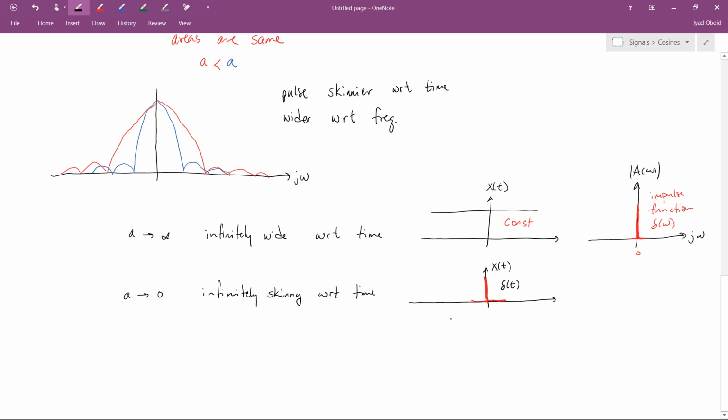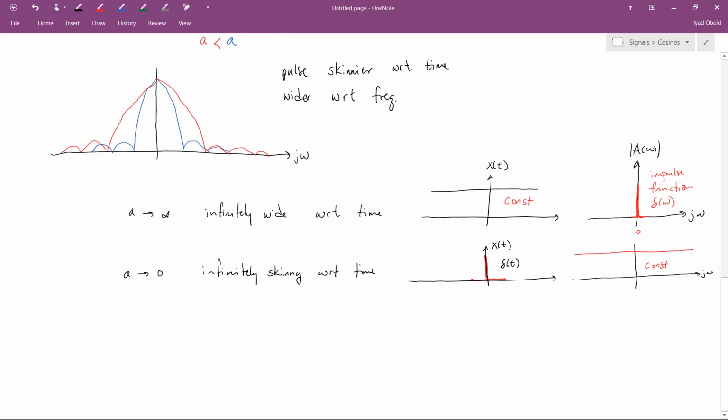An impulse is infinitely skinny and infinitely tall. Well, what happens in the frequency domain? According to our theory, as the time pulse gets skinnier and skinnier, the frequency pulse gets broader and broader. In fact, that sinc pulse gets so wide that it becomes infinitely wide, and it becomes, you're not going to believe it, a constant with respect to frequency, which is kind of nutty.